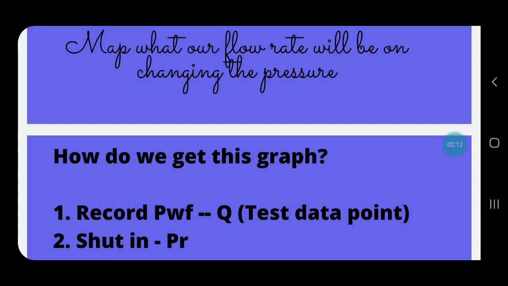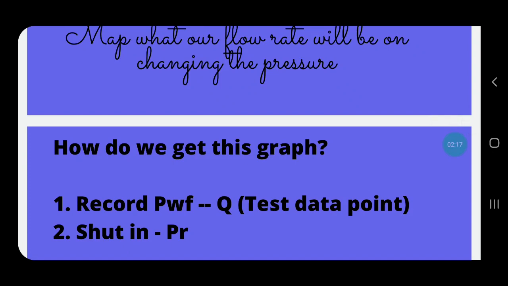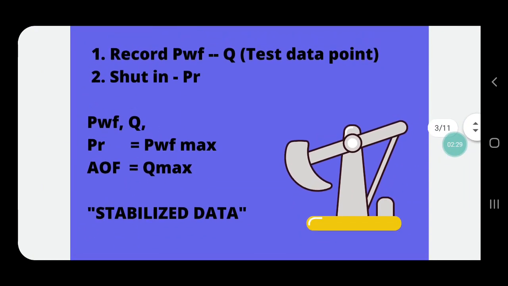Now the second thing which you need to do is record PWF at a specific flow rate, and this PWF at this corresponding flow rate is called the test data point. And one thing you must know is that this test data point has to be recorded when your well is stabilized, and by stabilized I mean that you need to record these values only when pseudo steady state condition is prevailing.